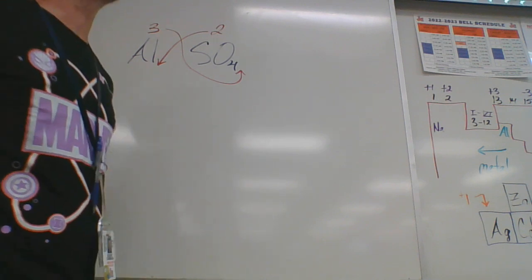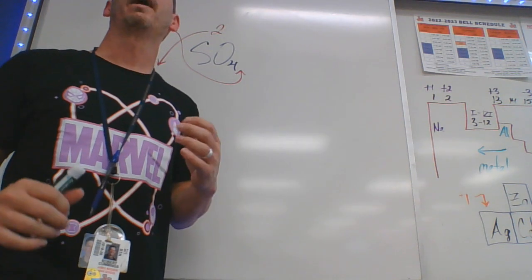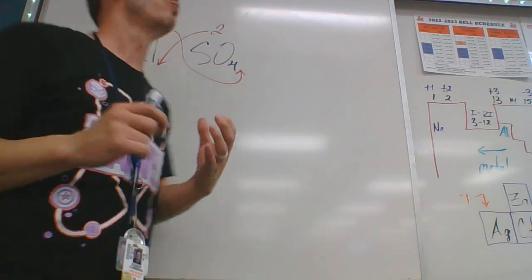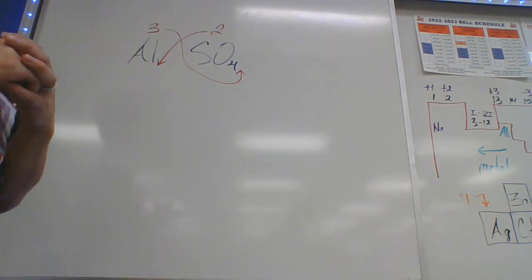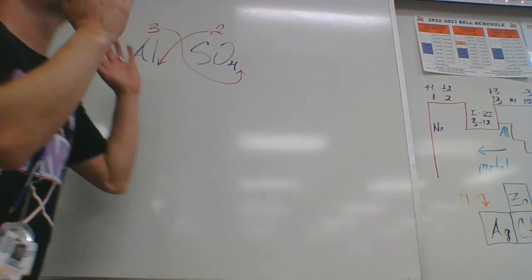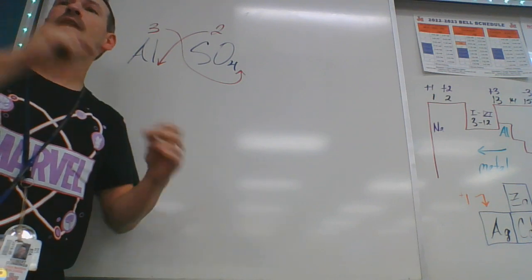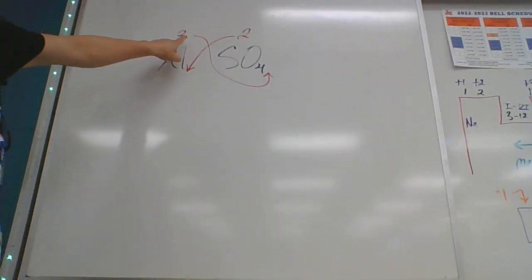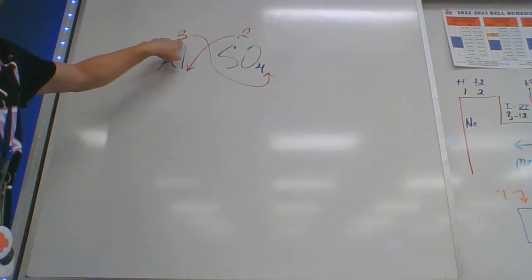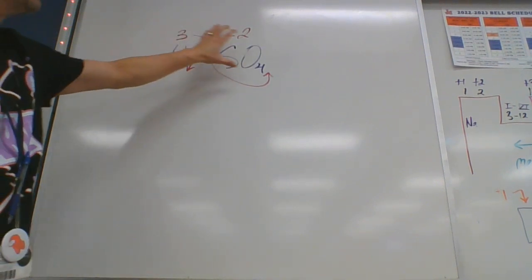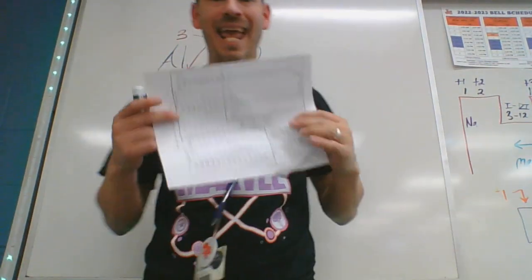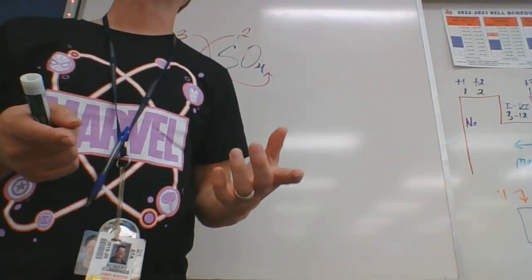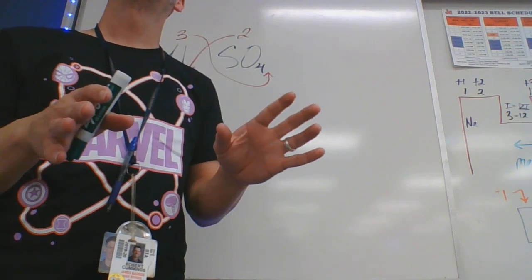It says if a polyatomic ion is crossed a value greater than 1, add parentheses. It's a very simple rule that will solve the problem that we have here. Now look, watch me think through the words, all right? If a number bigger than 1, you see how that's a number bigger than 1, is crossed to a polyatomic ion, anything on this sheet, then you put parentheses around the ion. That's the entire rule.